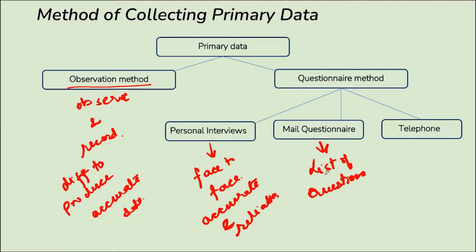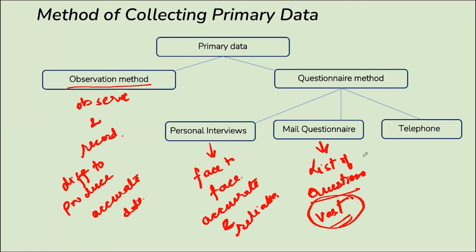Sometimes the questionnaire is mailed directly, or at other times you must have seen such questionnaires attached to consumer products, or put in newspapers or magazines. This method is very useful when the field of investigation is very vast and there are too many people from whom the data has to be collected. In this case, you can't personally interview each and every respondent, so you can directly mail the questionnaire.